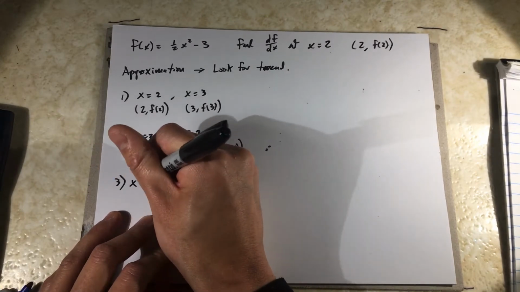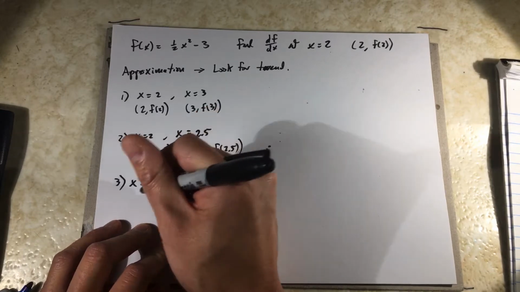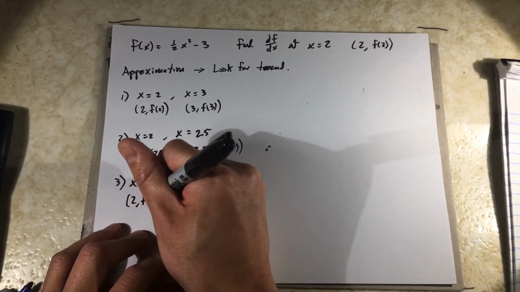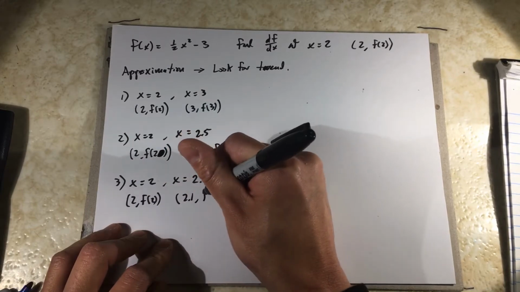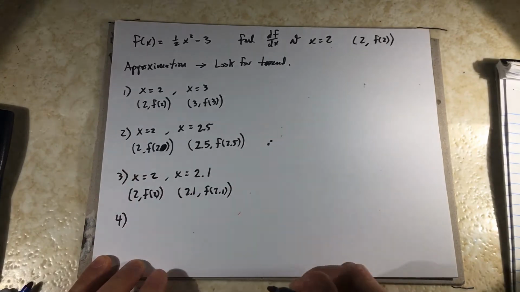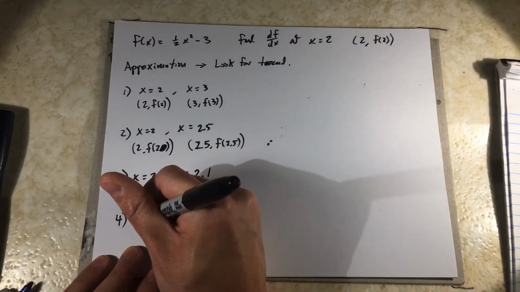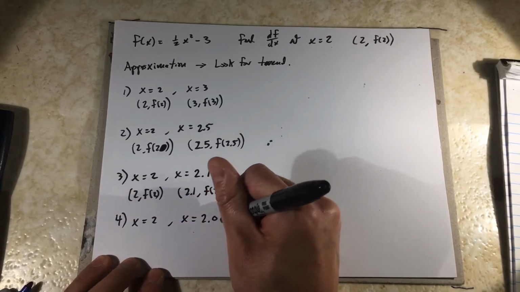And then we're going to get even closer. We're going to use x equals 2 and x equals 2.1. So those points are 2, f of 2 and 2.1, f of 2.1. And then our final approximation, we're going to use x equals 2 and x equals 2.01.